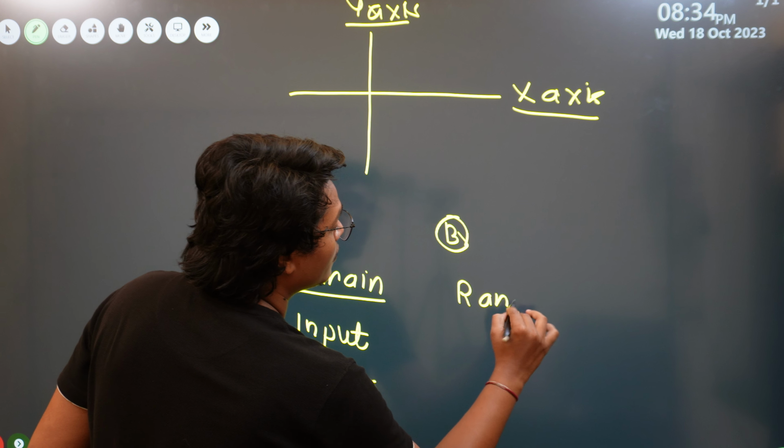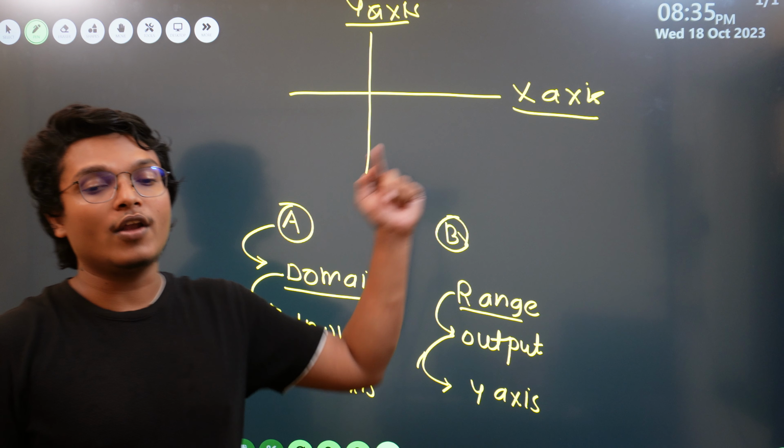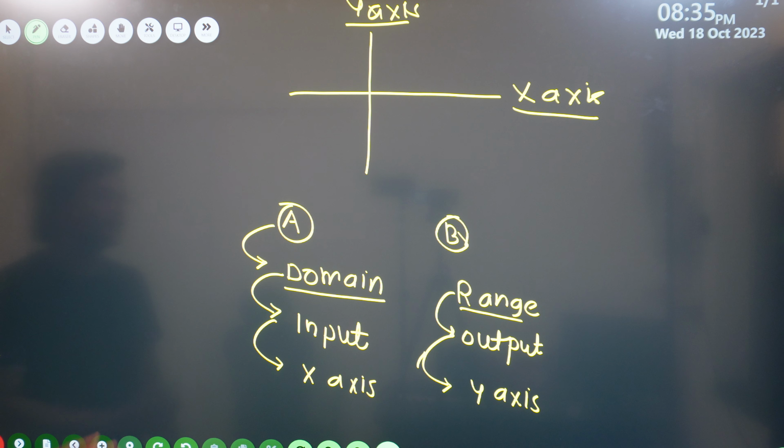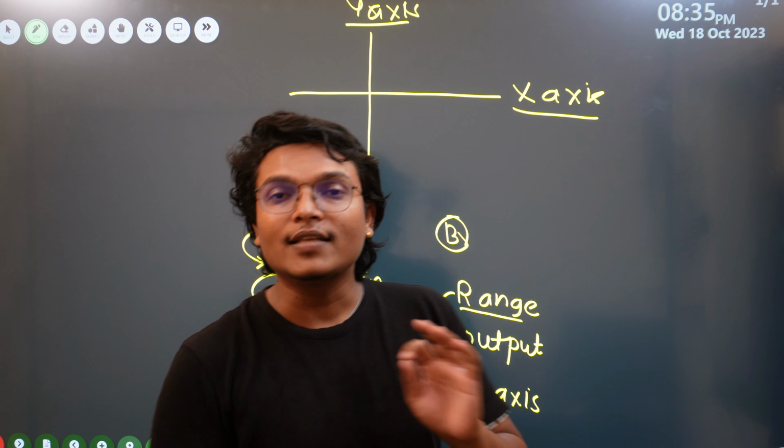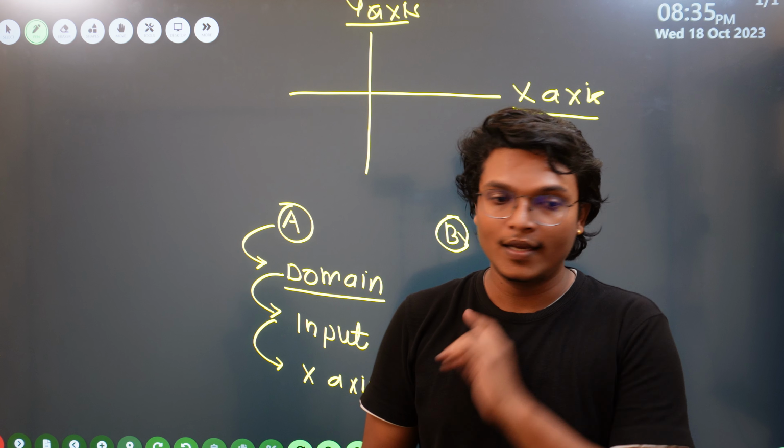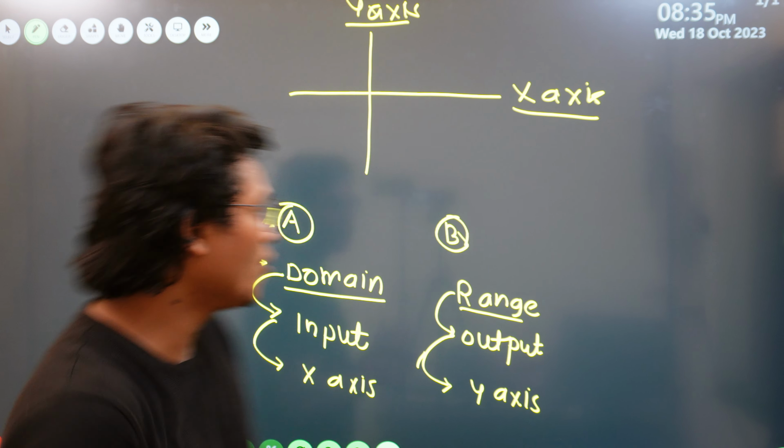What is range? Range is our output for whatever input is given, and we always get that output on the y-axis. Is it clear till here? Did you write it down? Okay.